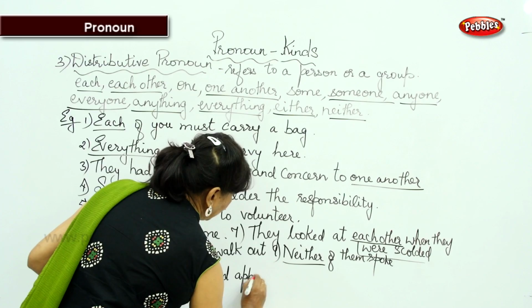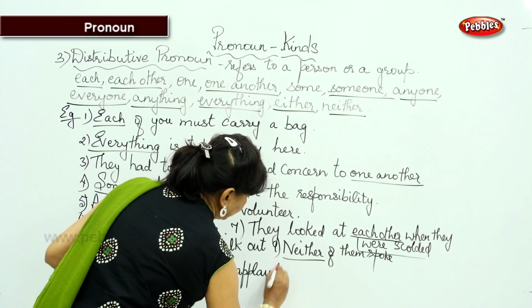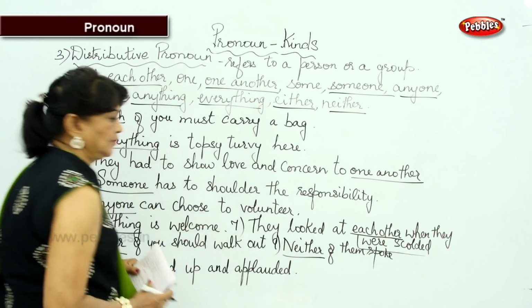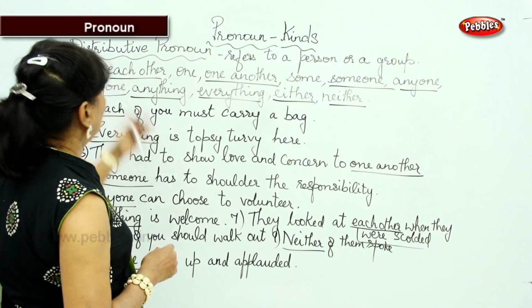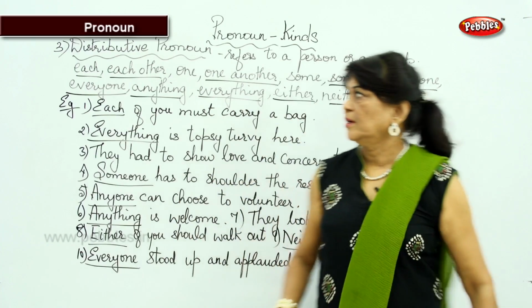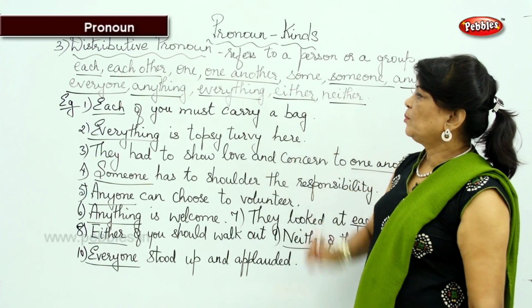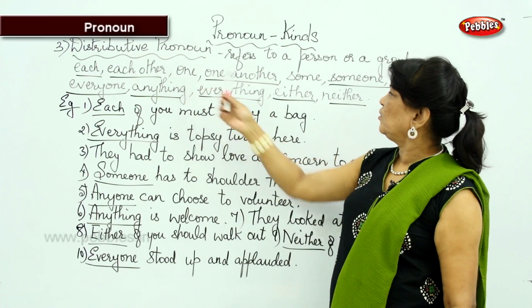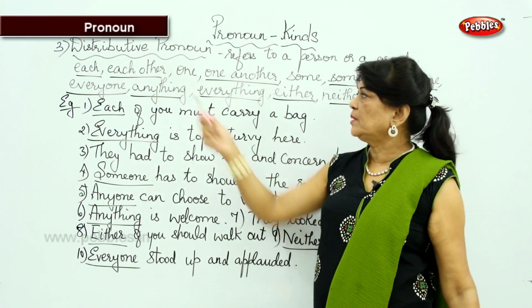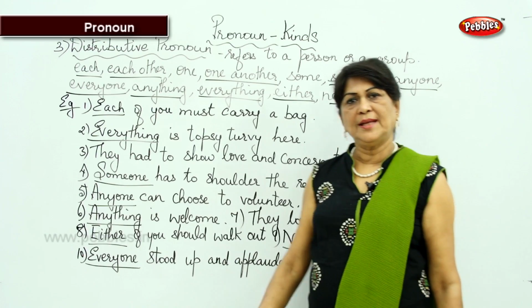Stood up and clapped their hands. So I have given you 10 examples for these distributive pronouns. We have so many here and I have done 10 of these. I have left only one and some, that's very simple. All the rest I have given you examples.